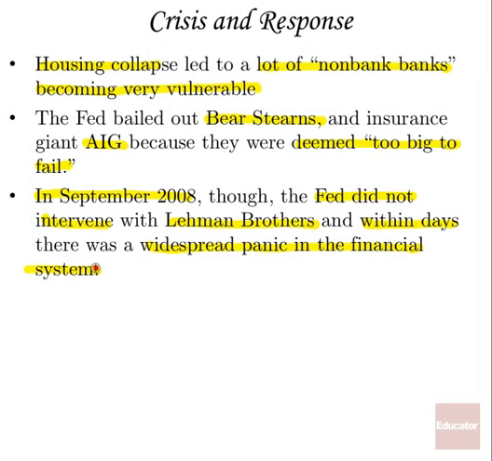The Dow was dropping 300, 400 points a day. So a lot of people saw this housing collapse as being something that led to greater misfortunes in the economy.